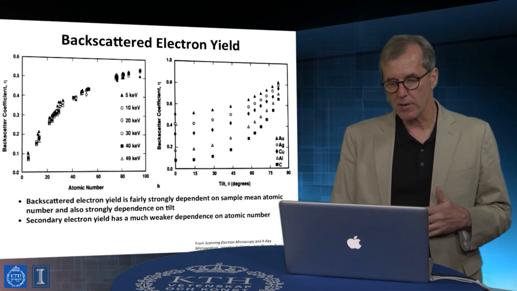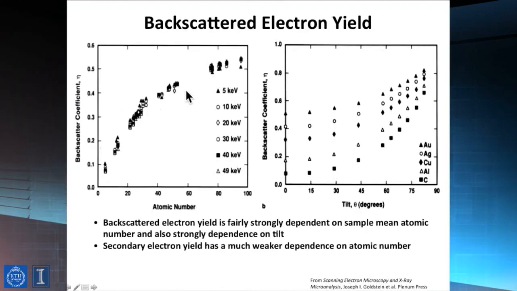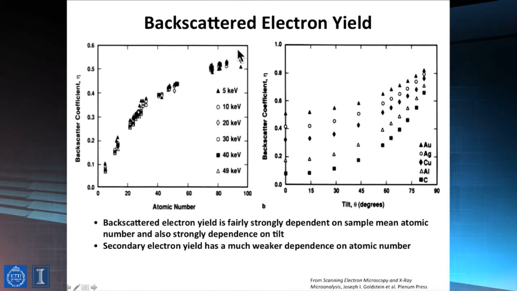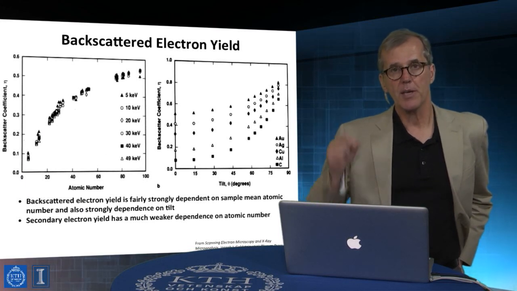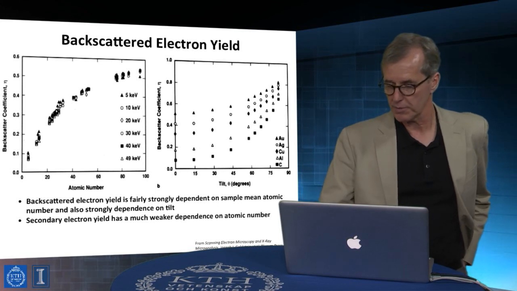What you see plotted here, as a function of position in the periodic table, is a measure of what these backscattering cross sections look like as a function of atomic number. You'll notice that it has a very strong Z dependence, and as a result, this provides a way that we can develop images that contain contrasts due to elemental composition.